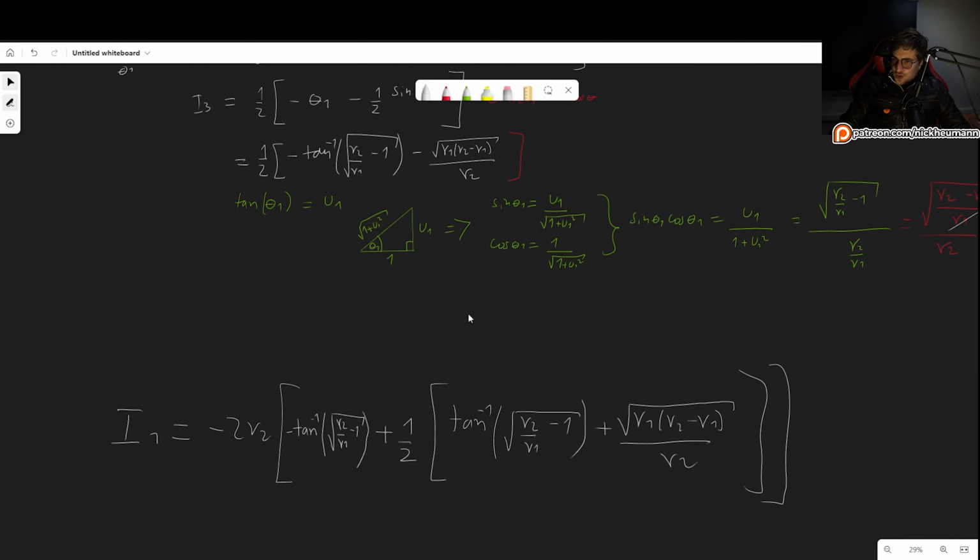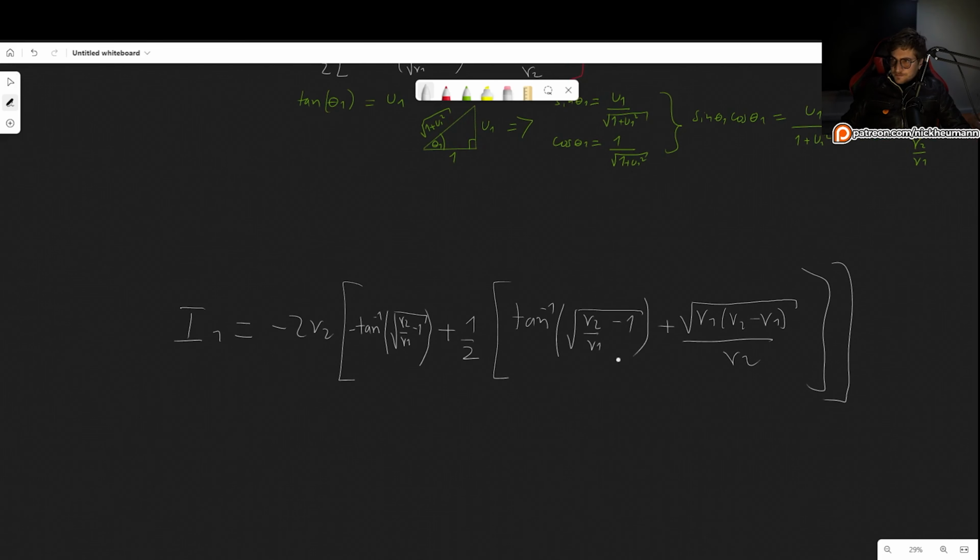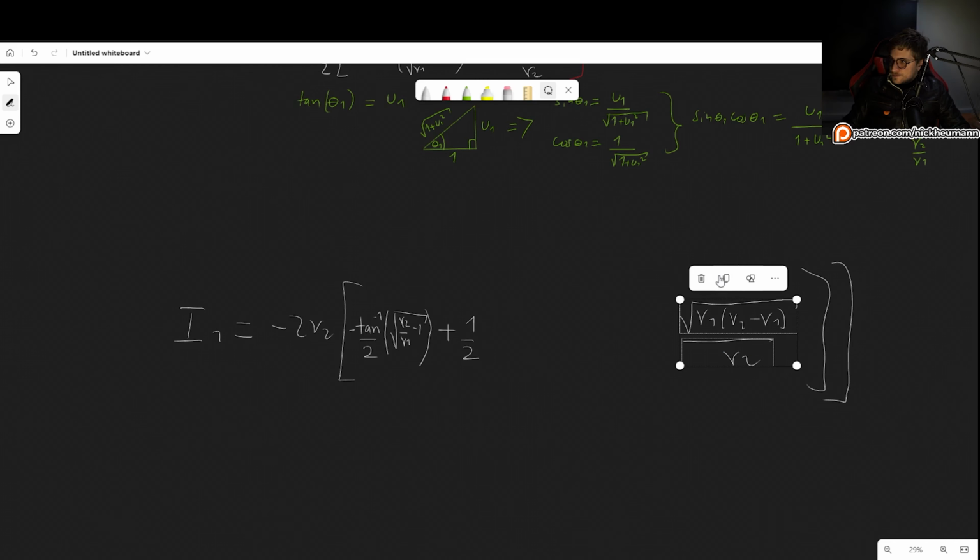Now, notice, of course, we can simplify a few things here. We have the tangent here and the same tangent here. So we can just multiply through and get rid of this tangent. And that just means that there will be a 1/2 right there. And well, here we just multiply by 1/2. That doesn't really do much. Just 1/2 here.